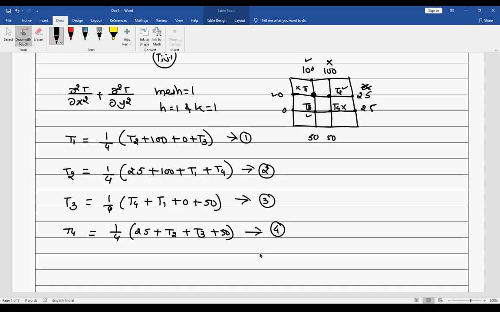Now you could see this is a set of simultaneous equations, four simultaneous equations if you rearrange it. By solving these four simultaneous equations, we are going to get T1, T2, T3 and T4. But when you use a direct method, as the number of equations increases, accuracy is a big challenge.